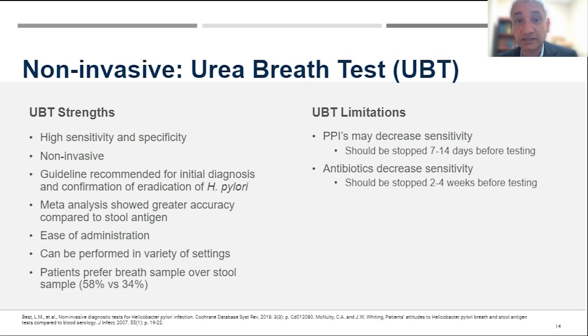The other limitation is that current or recent use of antibiotics can reduce the sensitivity of urea breath testing. For this reason, individuals should complete any course of antibiotics that they might be on 2 to 4 weeks before H. pylori testing is performed.